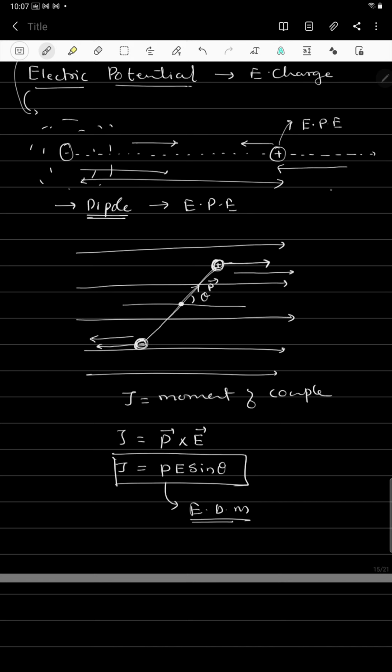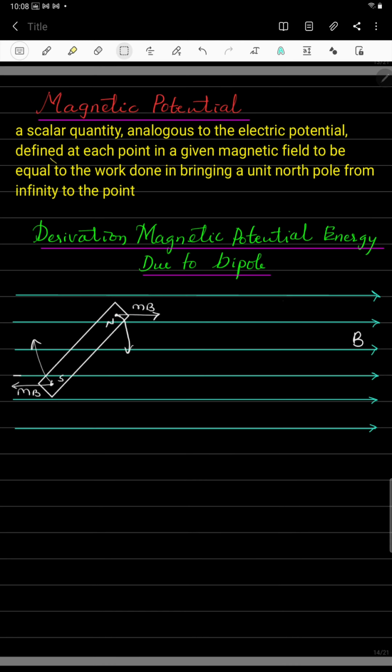Similarly, whatever we have discussed here will happen in magnetism also. And how will you get the magnetic potential there, we'll see now. Let us see magnetic potential. So what is the magnetic potential? It is a scalar quantity. The magnetic potential is nothing but like the electric potential, only the difference is electric and magnetic.